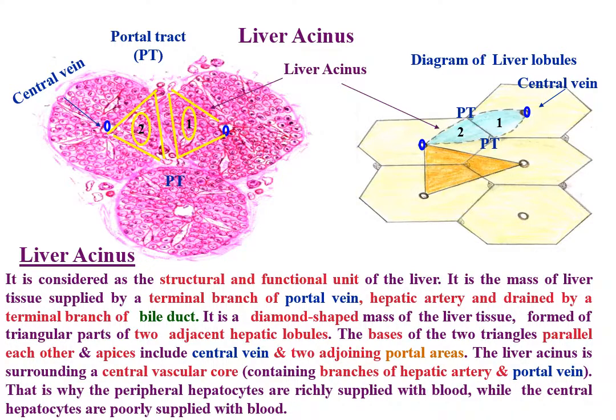The liver acinus surrounds a central vascular core containing branches of the hepatic artery and portal vein. This explains why the peripheral hepatocytes are richly supplied with blood, while the central hepatocytes are poorly supplied with blood.